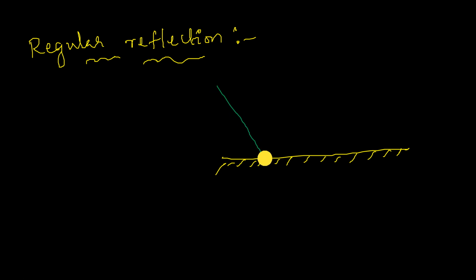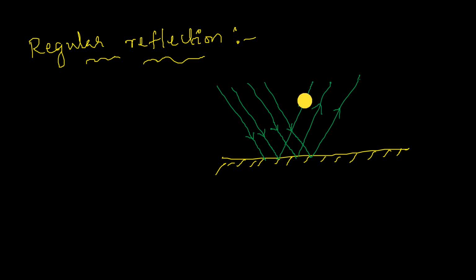all light rays are parallel to each other. The incident light rays are parallel to each other, incident on the surface, and then the reflected light rays are also parallel to each other. Then this type of reflection is called regular reflection.